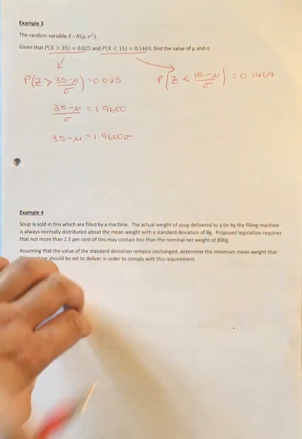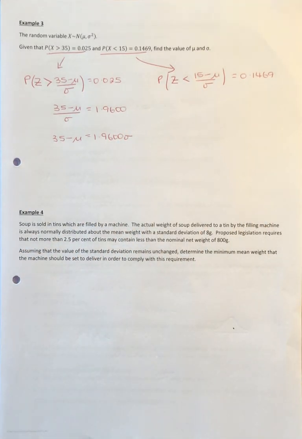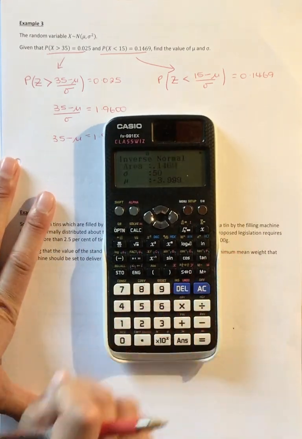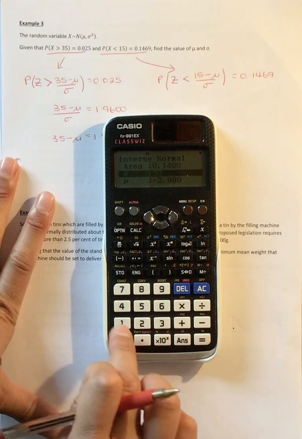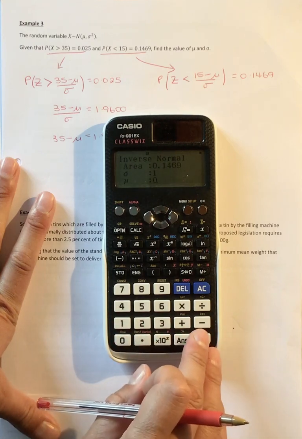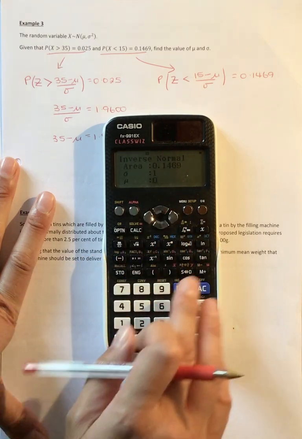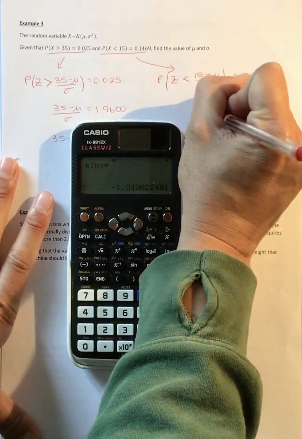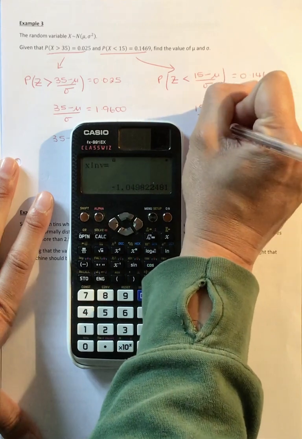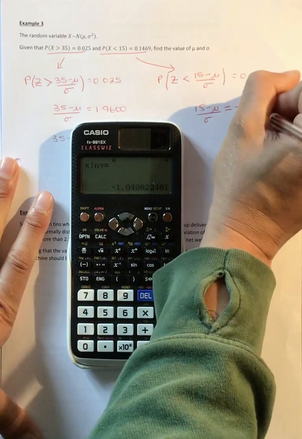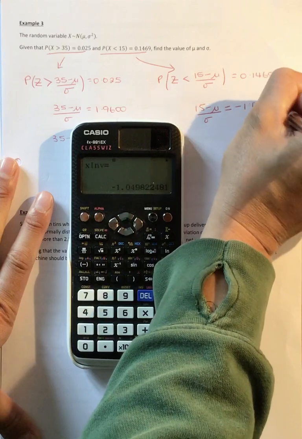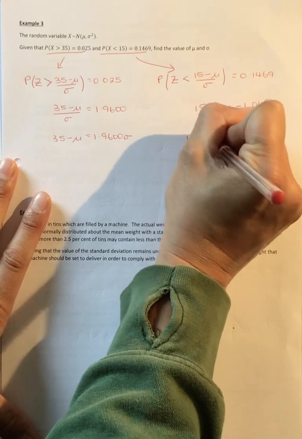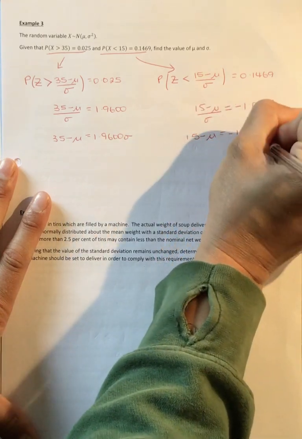That's not a probability from my percentage points table, so I'm going to use my calculator with an area of 0.1469 and the standard normal function, and that's going to give me a value for that number 15 minus mu over sigma of minus 1.0498. And again, if I multiply through by sigma, that's going to make the equation look a bit nicer.